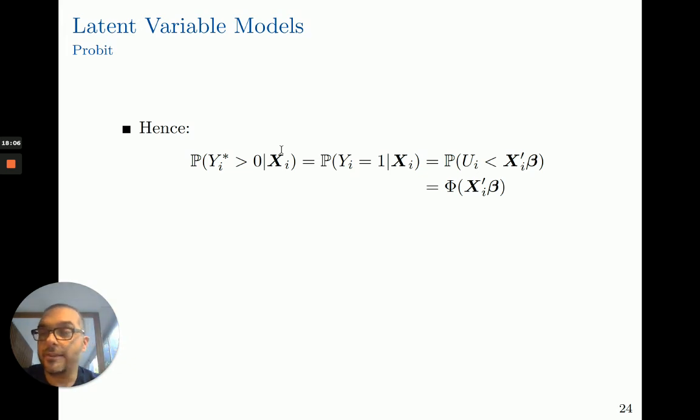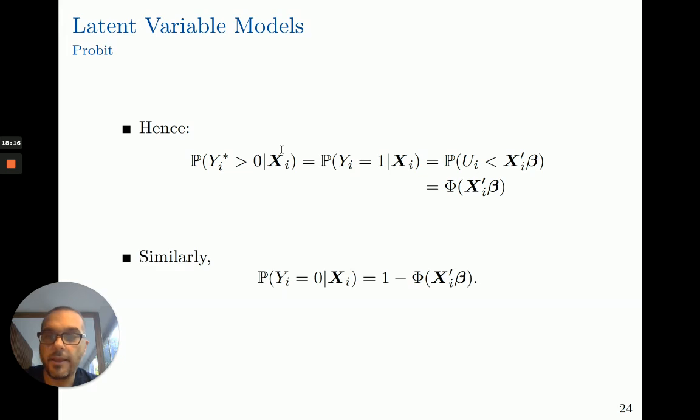An individual will choose A instead of B depending on the difference of utility functions. Similarly, the probability of y equals 0 is just 1 minus phi of x beta.